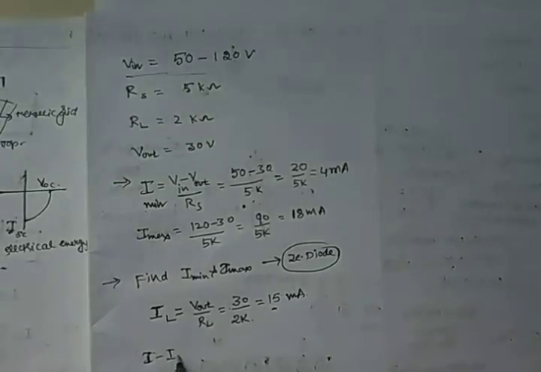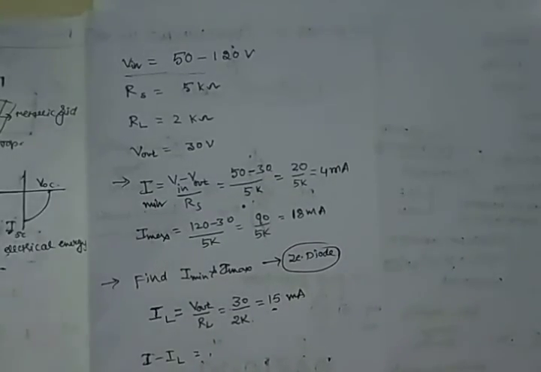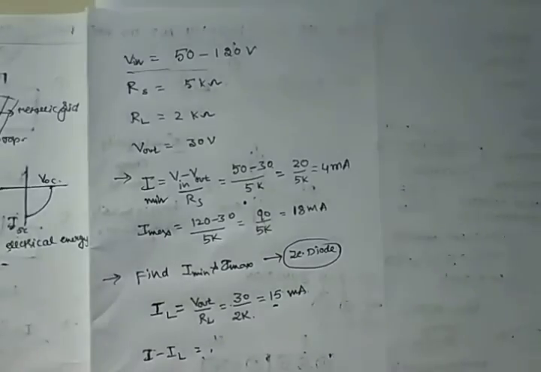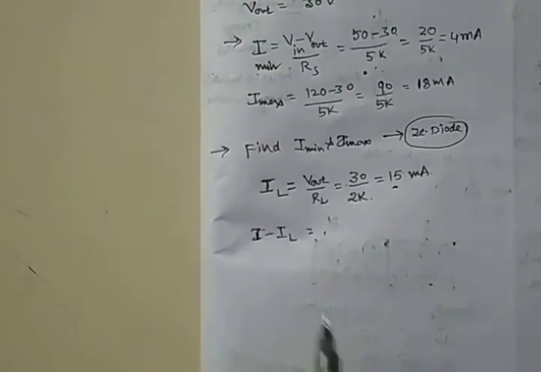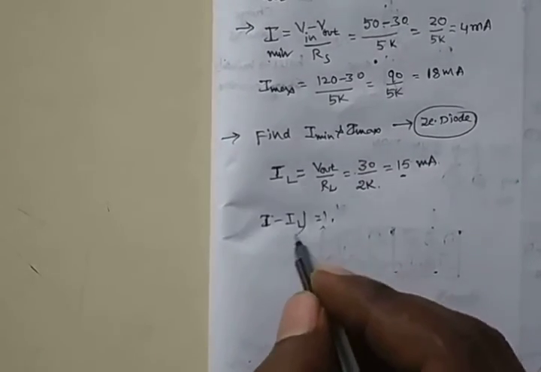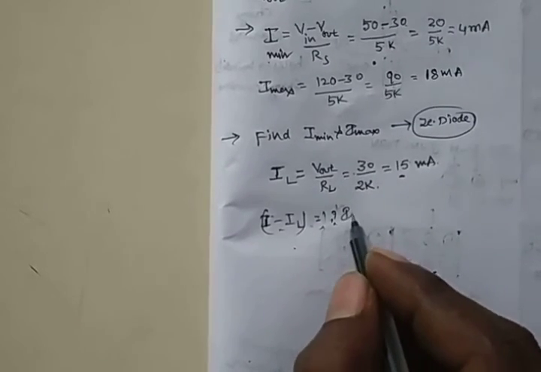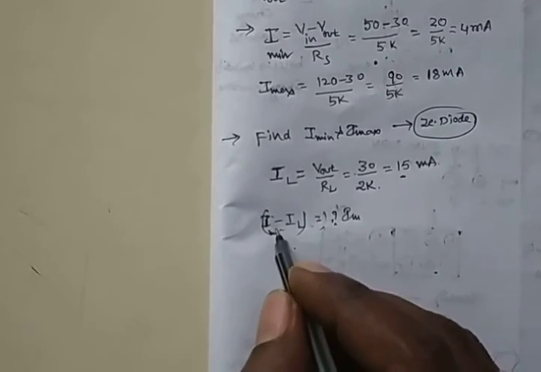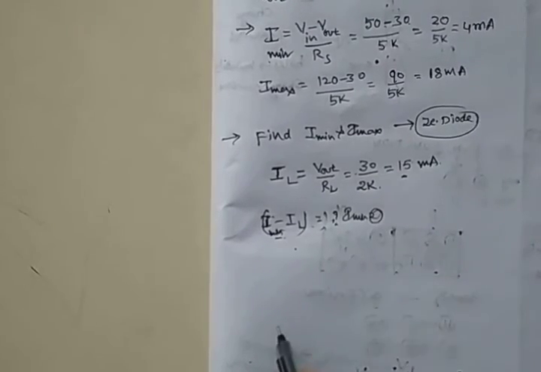Then I minus IL. If we substitute in I minus IL and take the small value, then you will get the minimum value across the Zener diode.